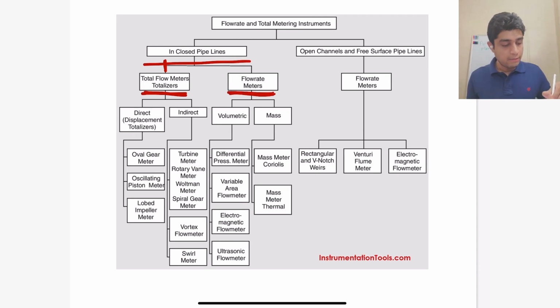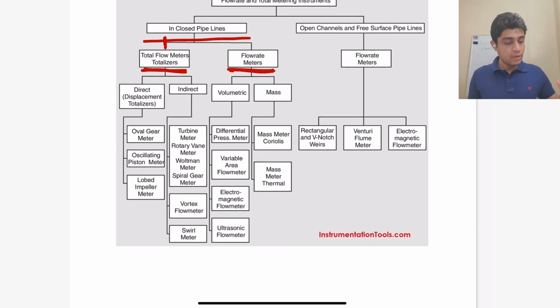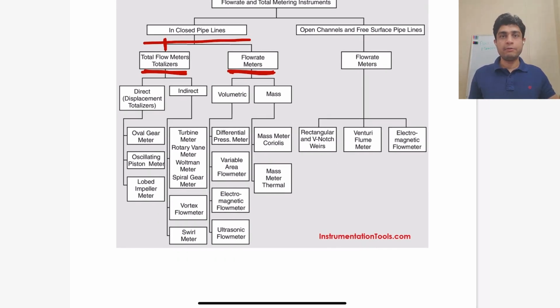On the other hand, flow rate meters measure the volume rate of flow, that is how much volume of fluid is passing per unit time, or it can even be mass. If the fluid is incompressible, the volumetric flow rate and the mass flow rate are related: you just multiply the volumetric flow rate by density, and you get the mass flow rate.